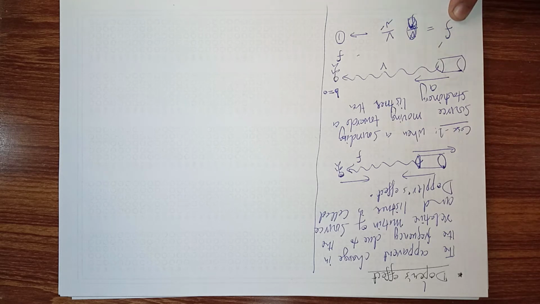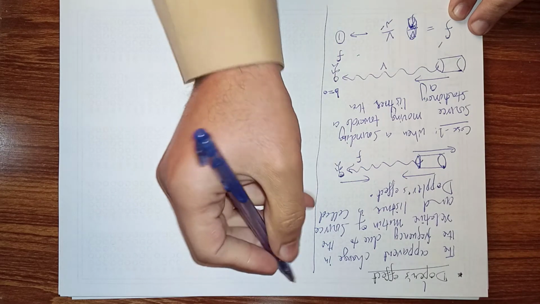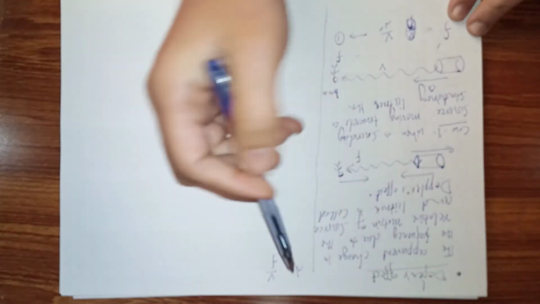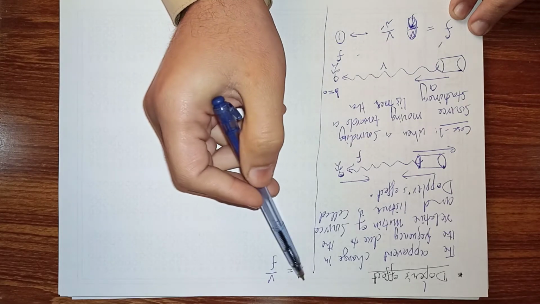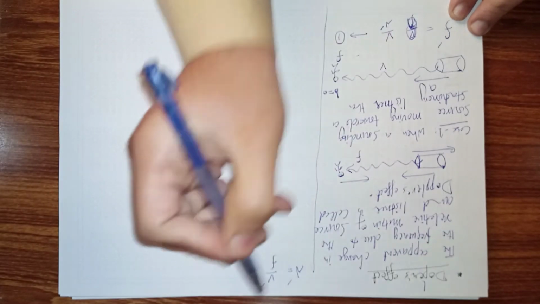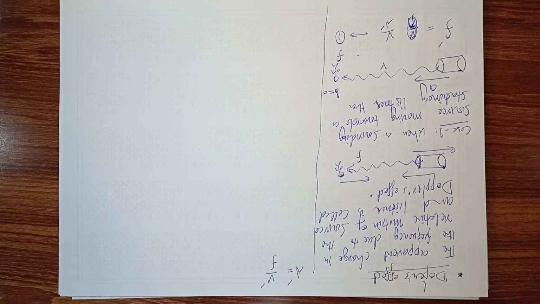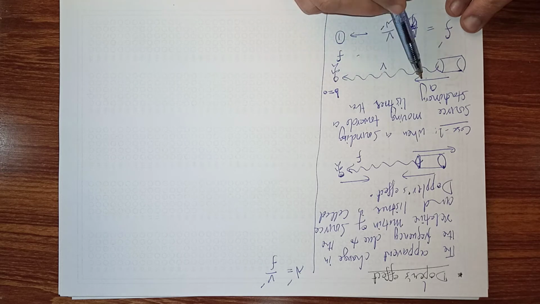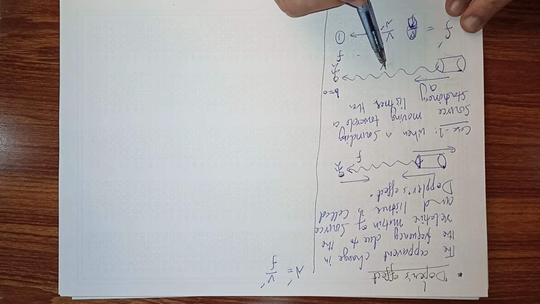Now look here, lambda is equal to v by f. In this equation, lambda and speed are directly proportional. So when the speed is changed, lambda will be changed. Look at the diagram: both speeds are in the same direction.